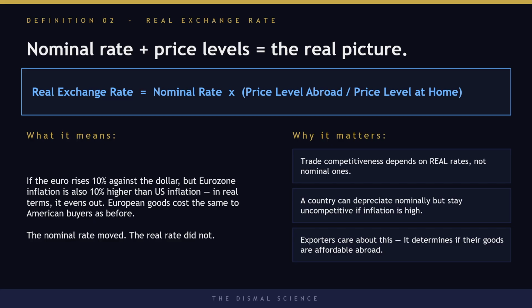Even if the exchange rate number stays the same or even goes up. If the euro rises 10% against the dollar, but the Eurozone inflation is also 10% higher than US inflation, in real terms it evens out. European goods overall cost the same to American buyers as before.